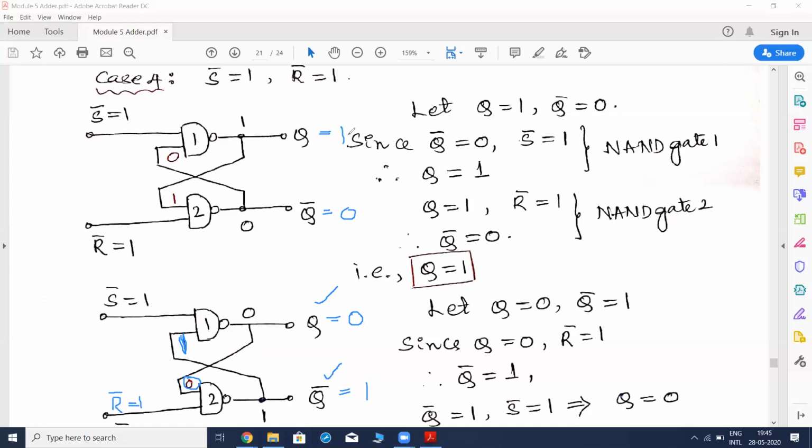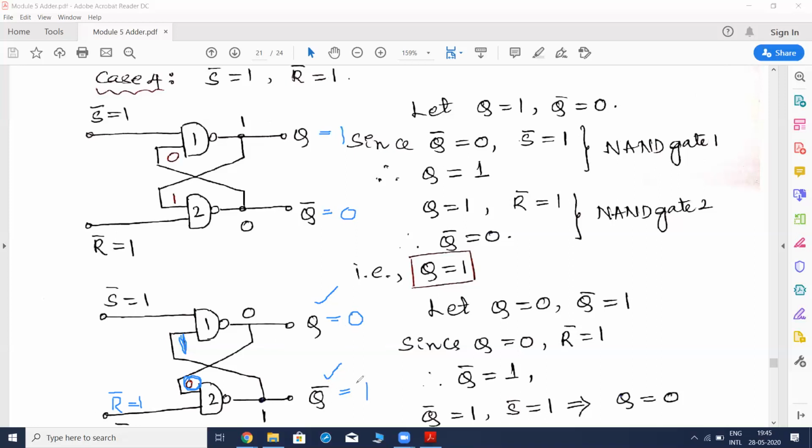Previously we took Q equal to 1. What we'll do now is take Q as 0. Because of that, we have to start the analysis from NAND gate 2. Here it becomes 0 because Q is 0, which we have assumed. If any one of the inputs is 0, we get the output as 1.